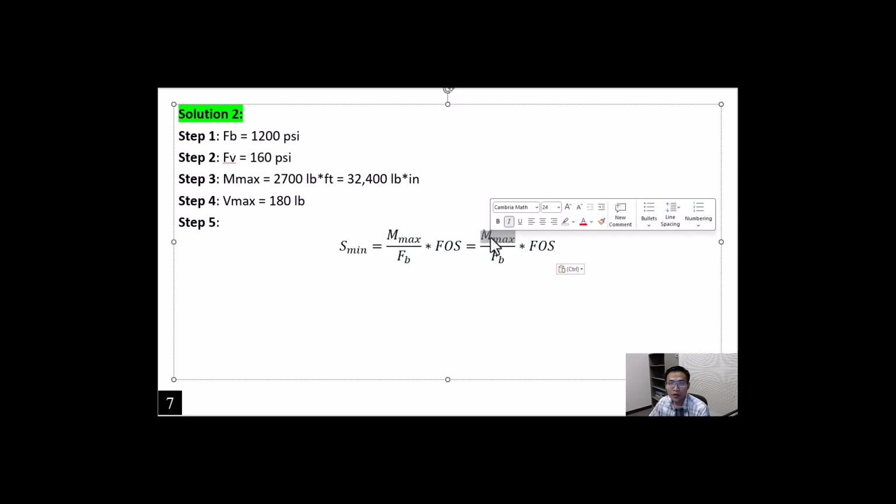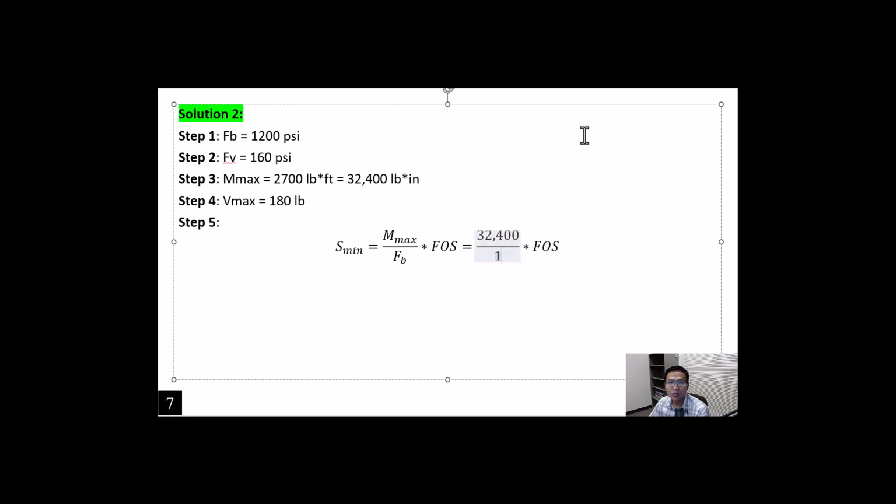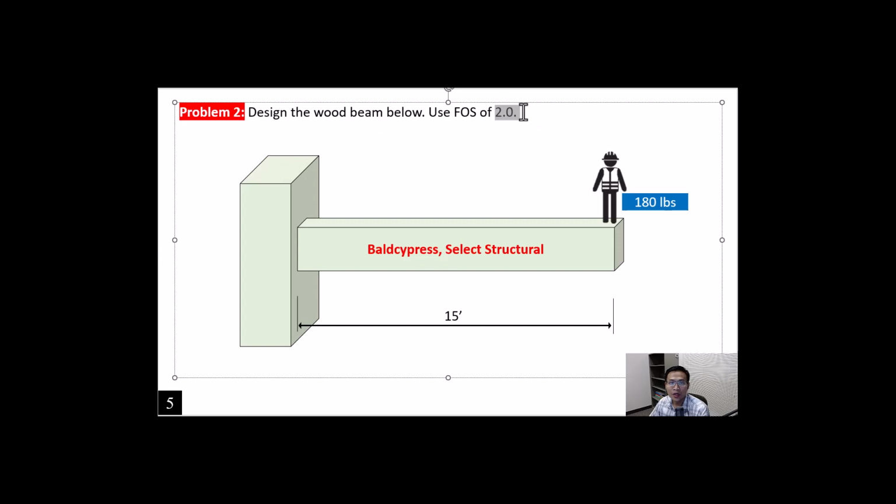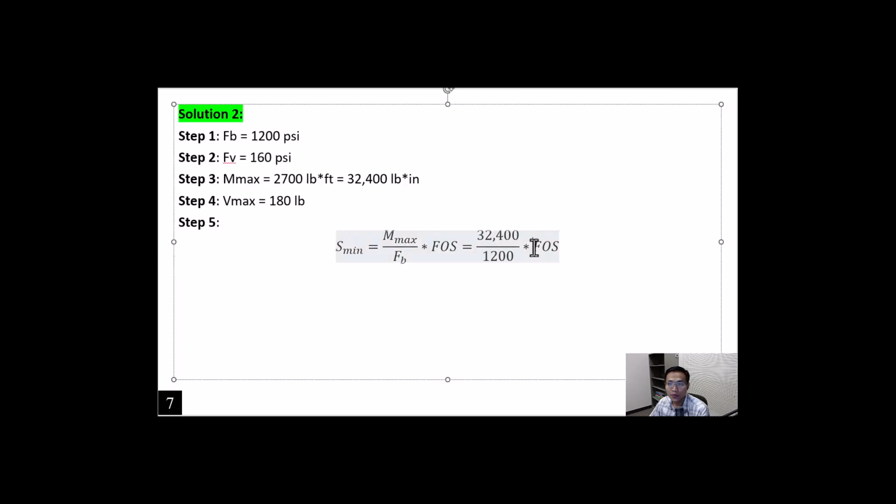M max is 32,400, divided by FB, which is 1200, and the FOS we know in the problem is 2, so just multiply by 2.